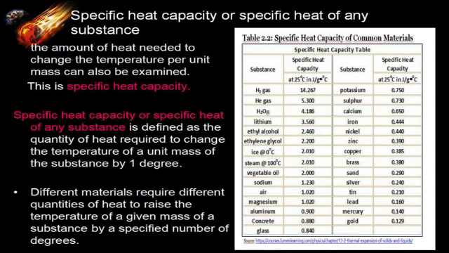From table 2.2, you will notice that water has a relatively high specific heat capacity as compared to the other materials, except for hydrogen, which is a flammable gas. The high specific heat capacity of water makes it a very good cooling agent. It means that a lot of heat energy is needed to raise its temperature.